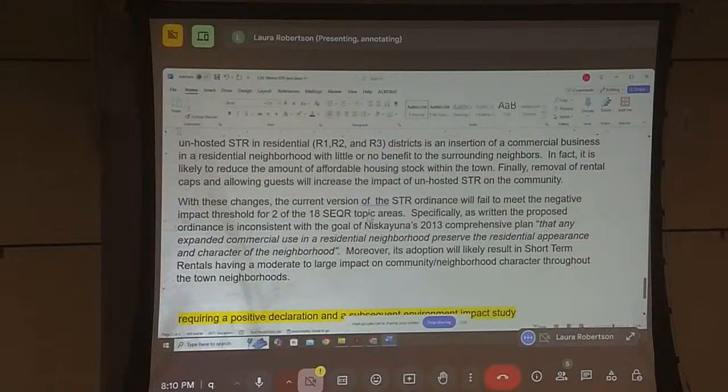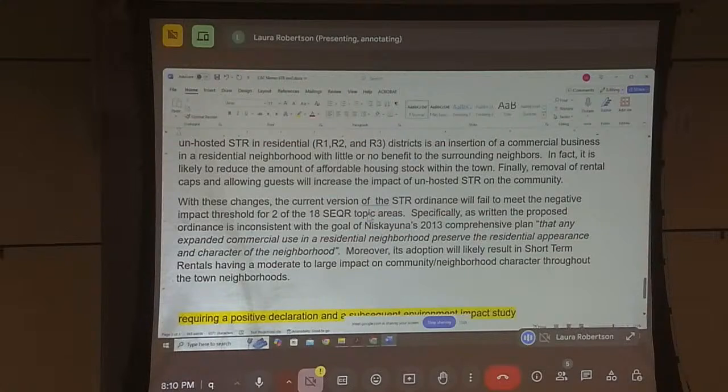So finally, the removal of rental caps and allowing guests will increase the impact of unhosted short-term rentals on the community. With these changes, the current version of the short-term rental ordinance will fail to meet the negative impact threshold of 2 of the 18 SEQR topics, specifically 17 and 18.